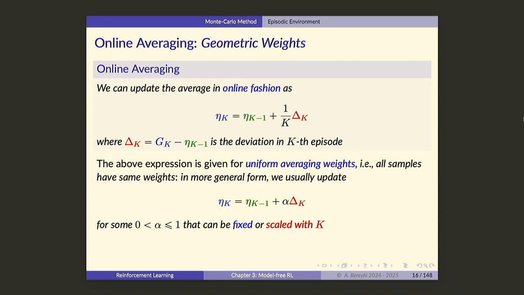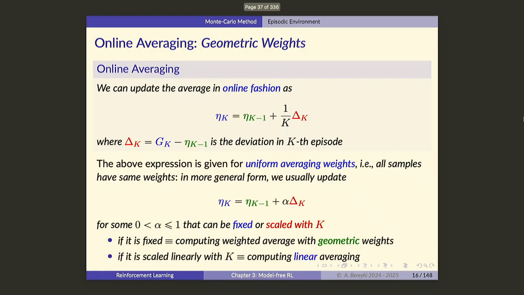Now, this alpha could be constant. It could scale with k. If you set it to be exactly 1 over k, then this is basically linear averaging, right? So you are linearly or uniformly weighting your estimates in your approximation. But if you keep it constant, for example alpha to be 0.1, then you can do the math and you see that you're basically doing the averaging with geometric coefficients.